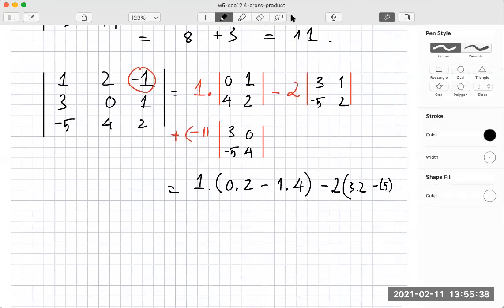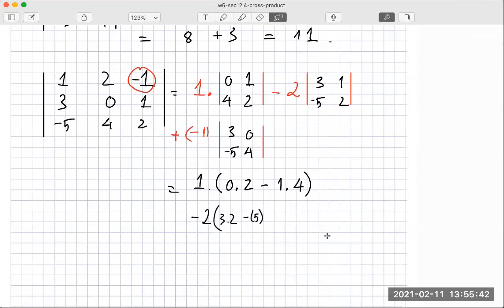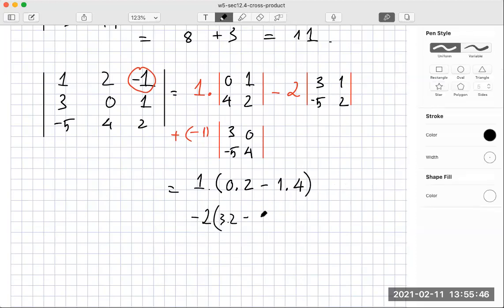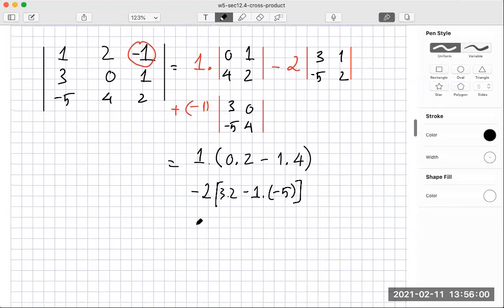Let me write it down. We need more room here. Okay. -1 times -5. So be careful with the parentheses and brackets here. And plus a negative thing here is the same as -1 times, what is it?